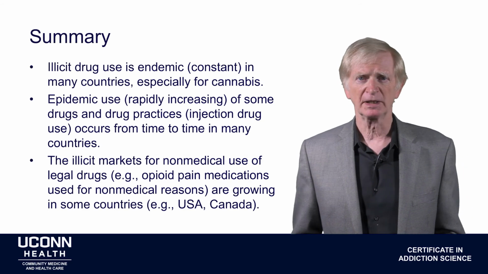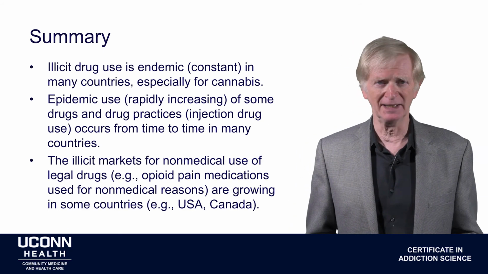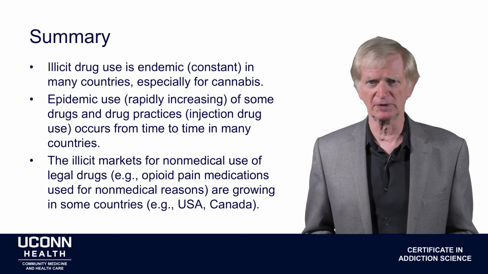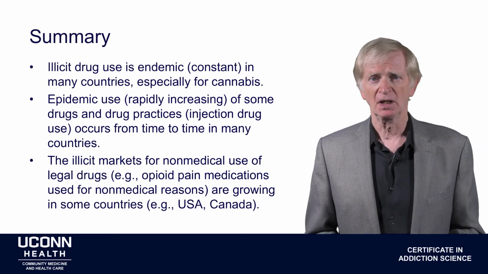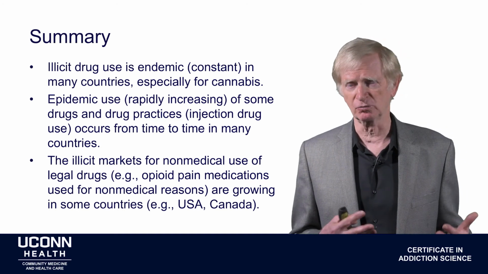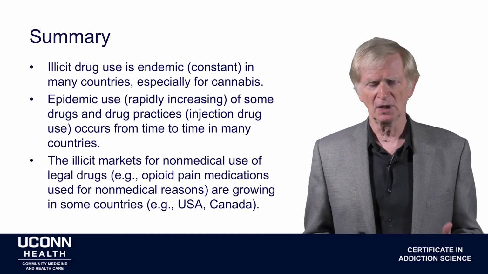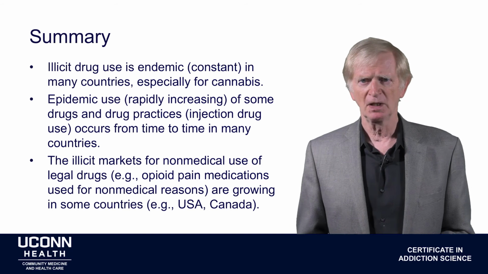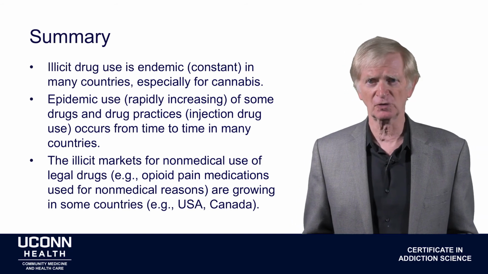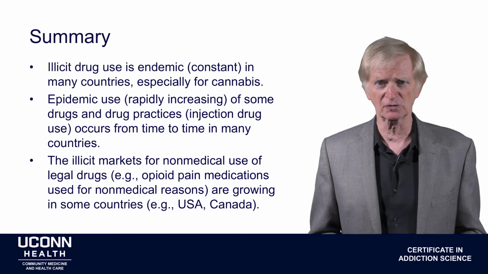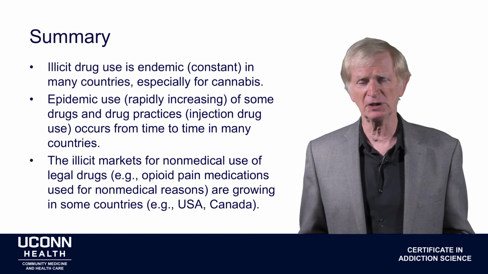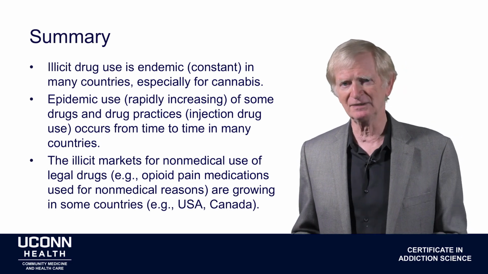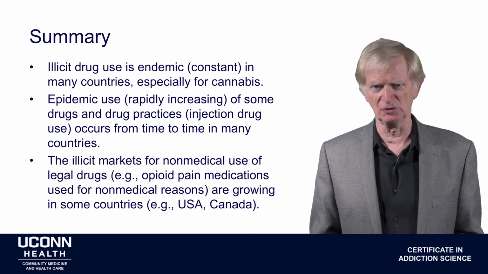In summary, illicit drug use is endemic now in most developed countries, especially for cannabis products. Epidemic use, which is the rapidly increasing rate of consumption and problems, takes place for some drugs and for some drug practices like injection drug use from time to time in many countries. Epidemiology helps us to track the endemic use as well as the epidemic use.